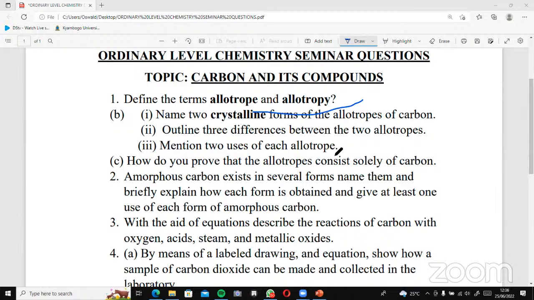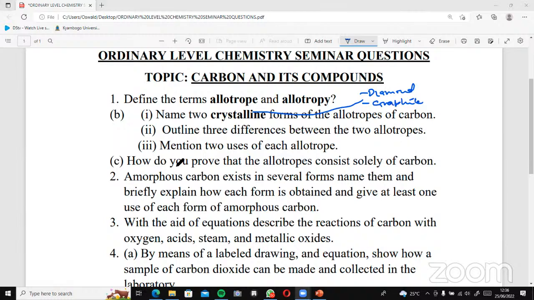So what are those crystalline forms of carbon? Okay, Martha says graphite and diamond, and even Ibrahim says graphite and diamond. So we had diamond and graphite. Thank you.